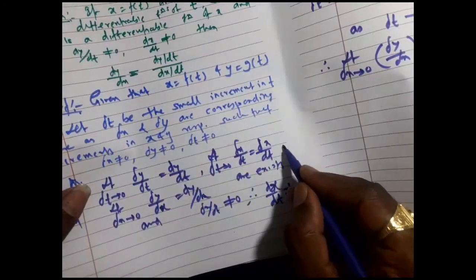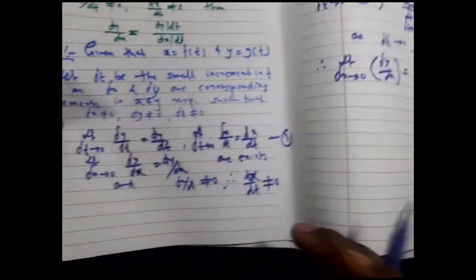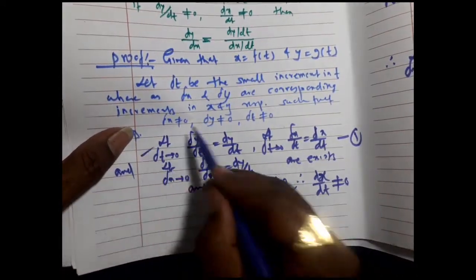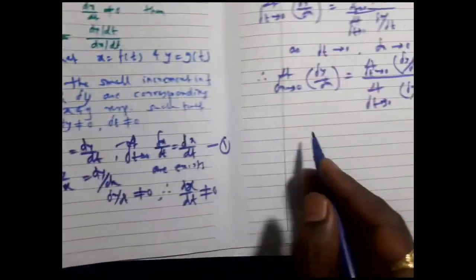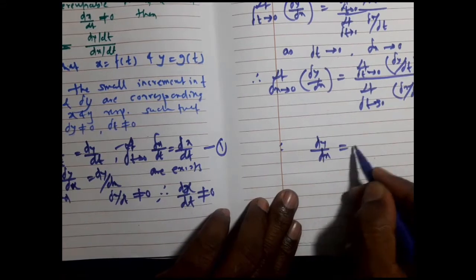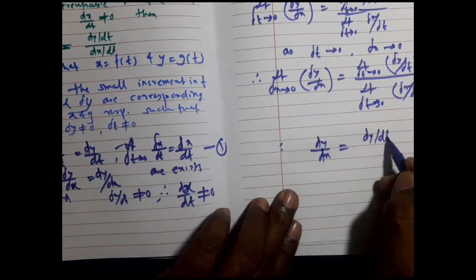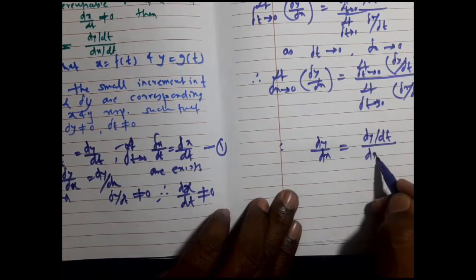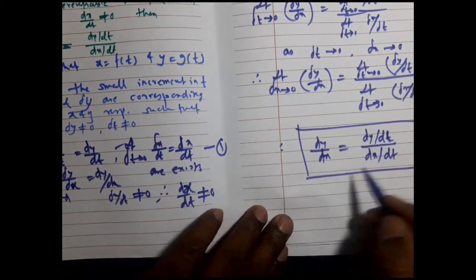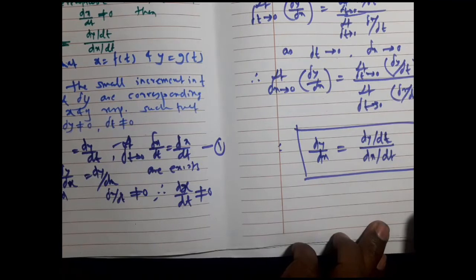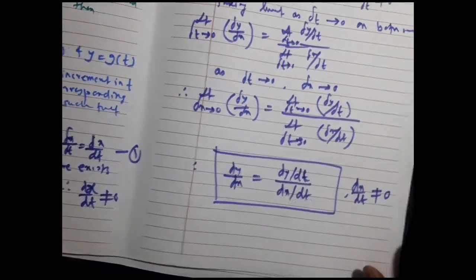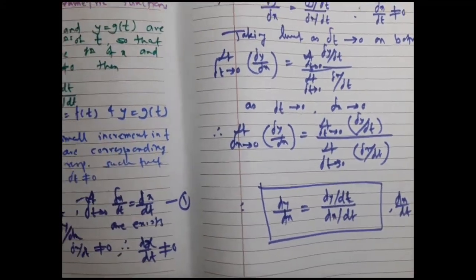And from equation number 1, these three limits exist. So therefore, finally dy by dx is equal to dy by dt upon dx by dt, and this completes the proof, provided dx by dt is not equal to 0. So very simple proof.